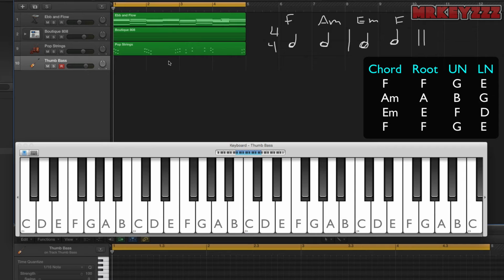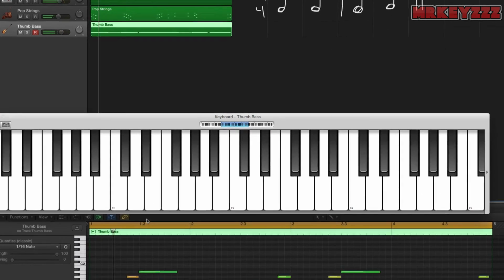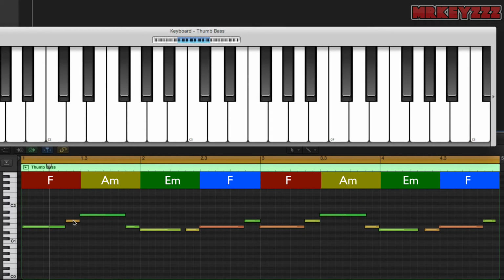Let's do the reverse now. Lower neighbors first, then upper neighbors, and we'll alternate like that. So we can see down here, we have our lower neighbor to A, then our upper neighbor to E, then our lower neighbor to F, and it kind of continues on like that.